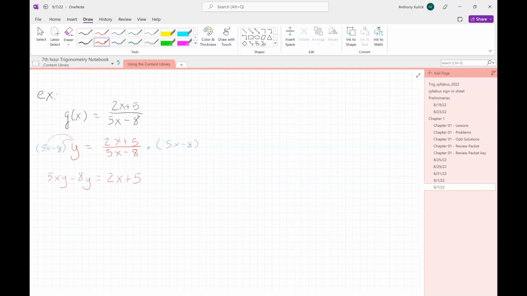The next thing I'd want to do is get the things with x's on one side and all the things without x's on to the other side. So to do that, I can subtract 2x from both sides. And then add 8y to both sides.